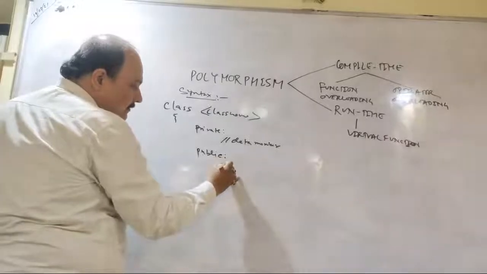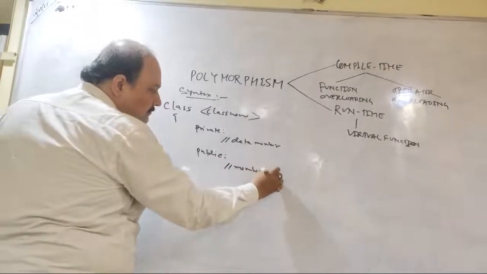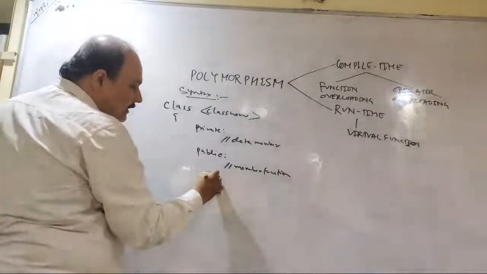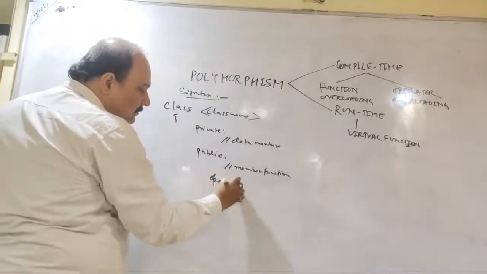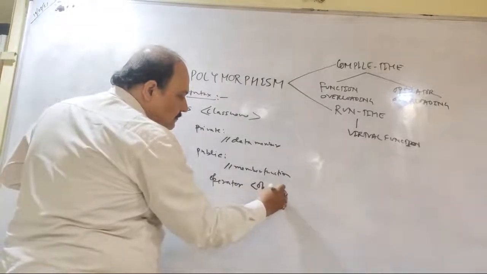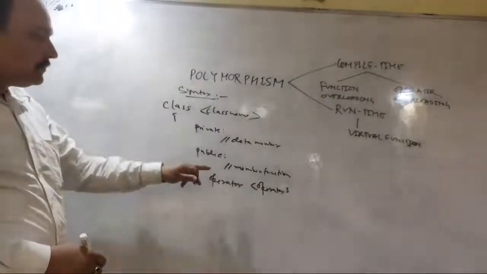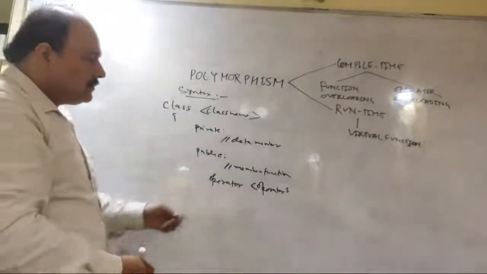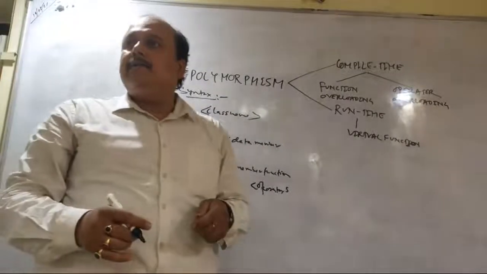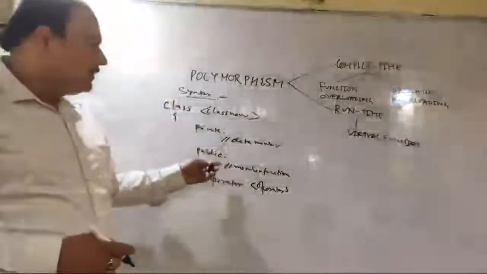Under public, there is the member function, and here we have the operator function. Yes, in the public section we can also take a member variable. If you want to make data public, declare it under the public section. There is no issue if you declare it.